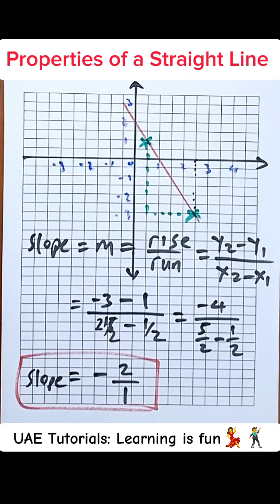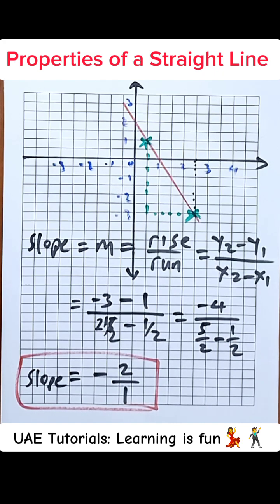You can see how interesting these things can be, guys. So, I mean, this is one of the basic foundations of equations of a straight line. You need to know how to calculate the gradient or the slope from the graph.